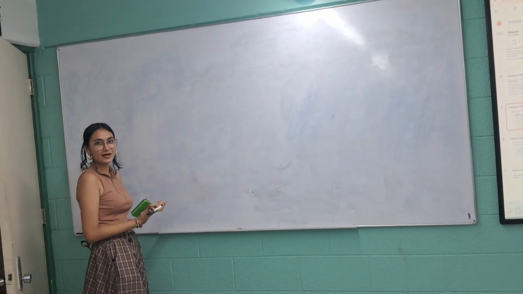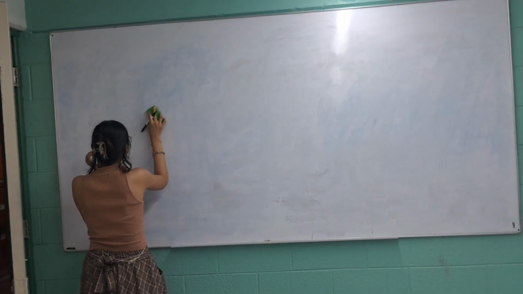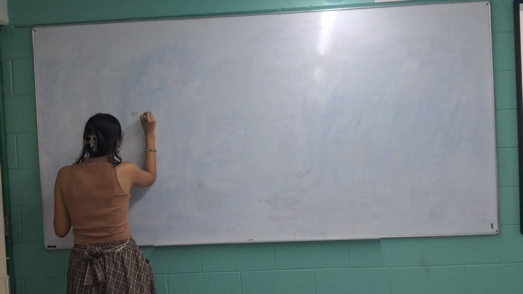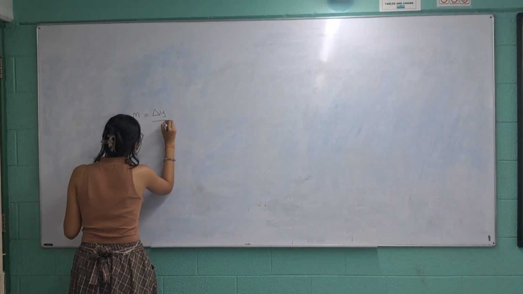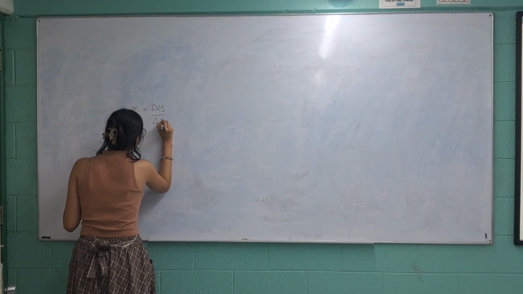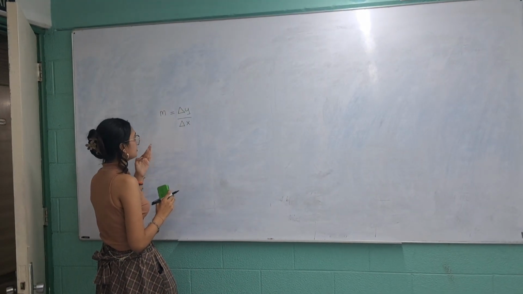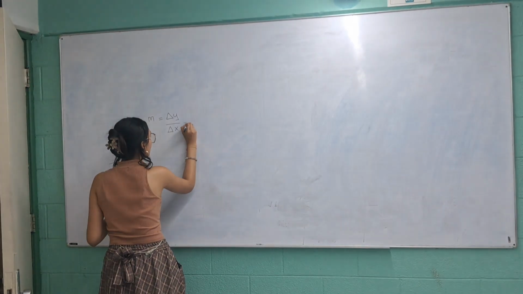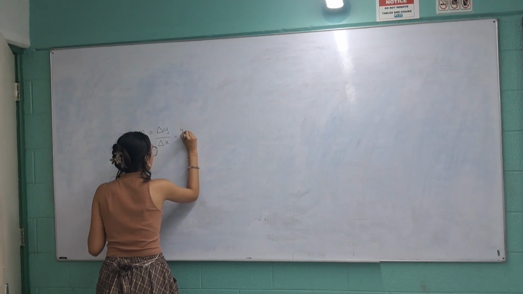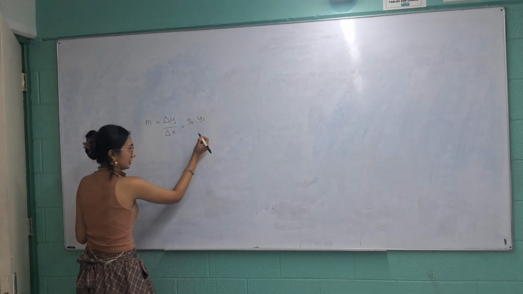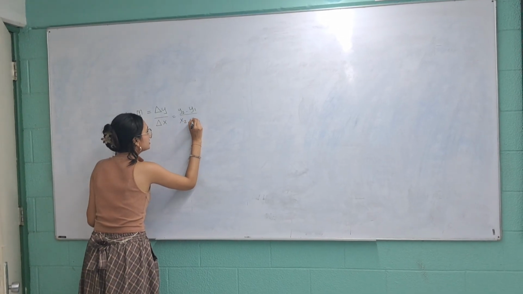So our formula for finding the gradient is change in y divided by change in x. As you all know, change of y equals y2 minus y1, and change of x is x2 minus x1.